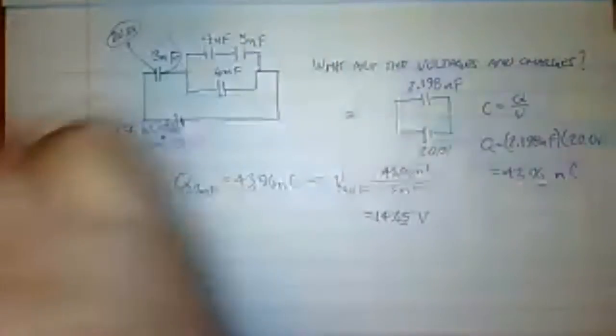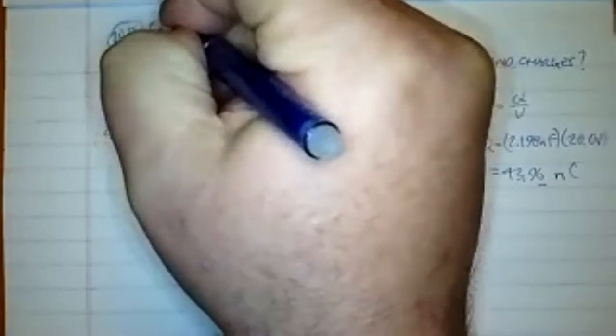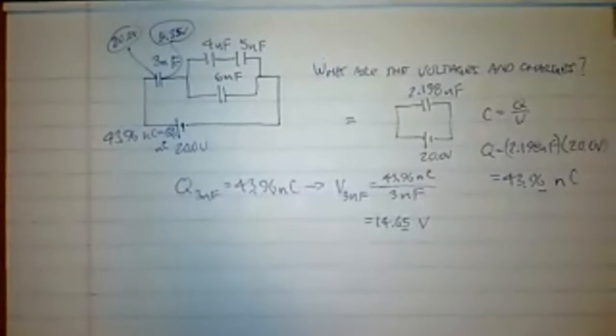That would read, this is 20.0 volts. And right here, it would read 20 minus 14.65, which is 5.35. So that's pretty neat. It dropped that much with just that one capacitor.